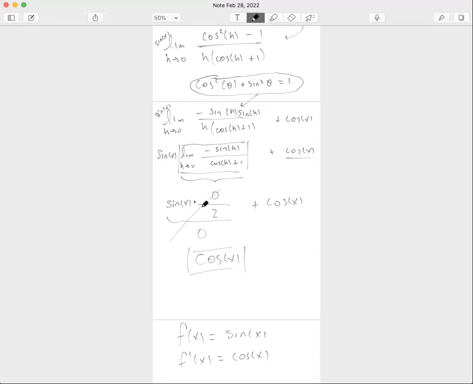On the division of 0, it's only 0 over 2 over 0, not sine times 0? This just equals 0.